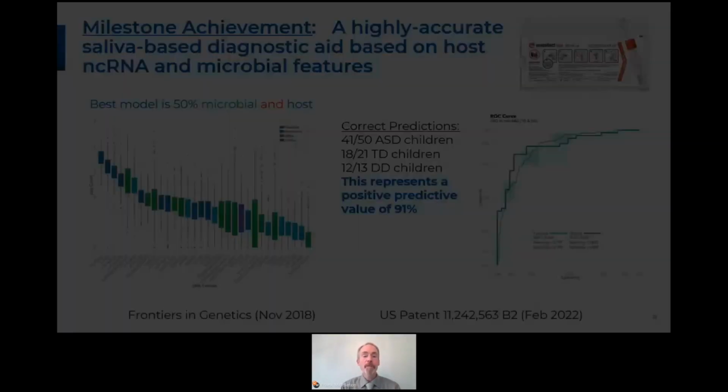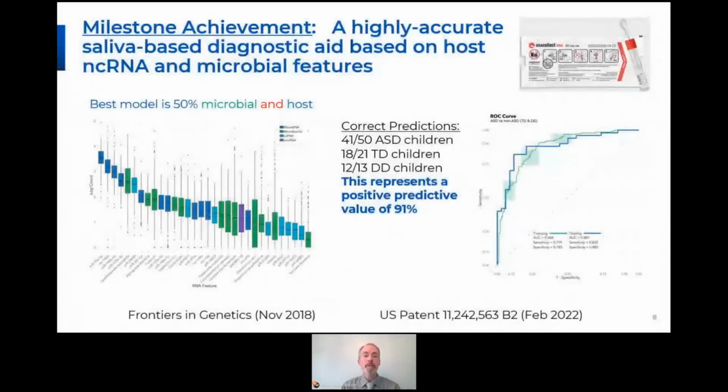So just to take you to the absolute milestone achievement that we were able to derive from all of this work involving approximately 1,000 children who were recruited into the study, is that we were able to combine the human non-coding microRNA, the microbial content, so the oral microbiome and the species that are represented there, and derive a classifier that was able to correctly predict in a holdout set more than 85% of the children.